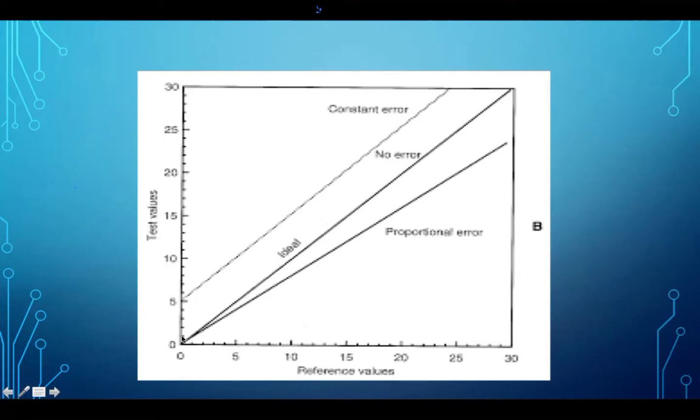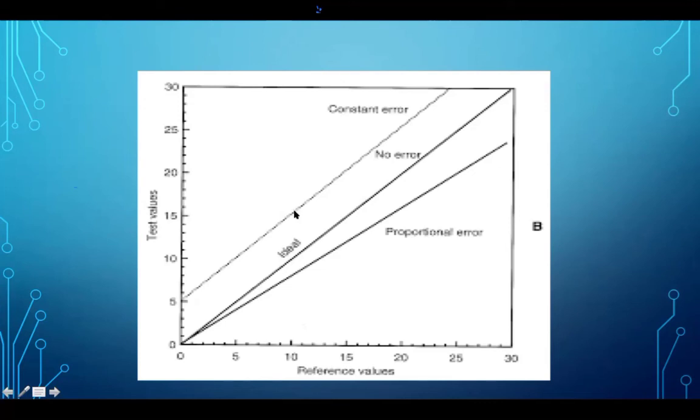But in life, we expect so many things, but we are not getting all those things. If this line is almost overlapping this ideal situation, still it is okay. But if it is consistently showing values higher than the expected, and it is at all range, this is systematic error. This difference is constant.